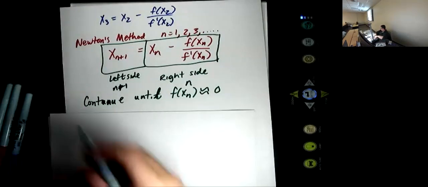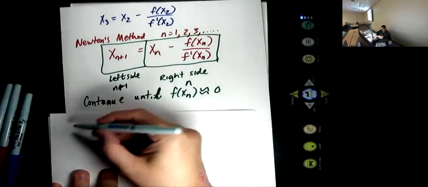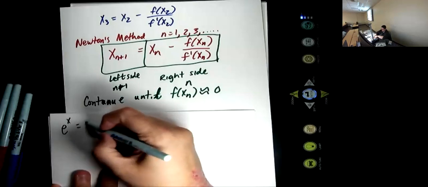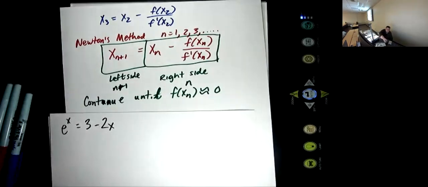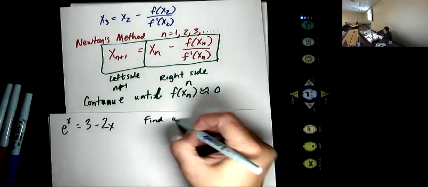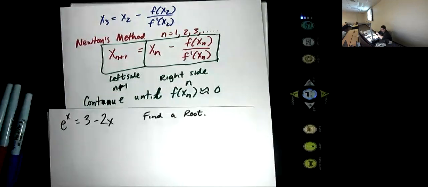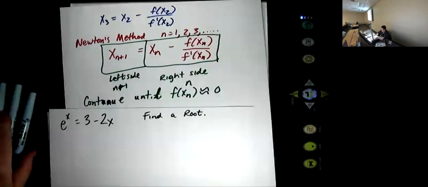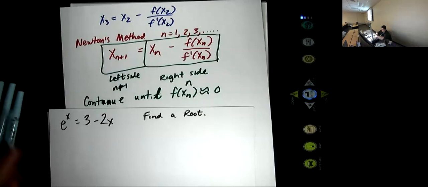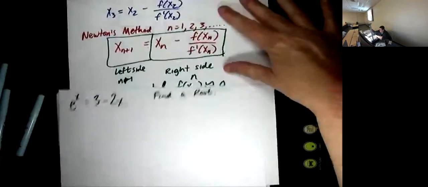Let's find a root for e to the x equals 3 minus 2x. When you have things on different sides, find a root. We'll leave that formula up there.